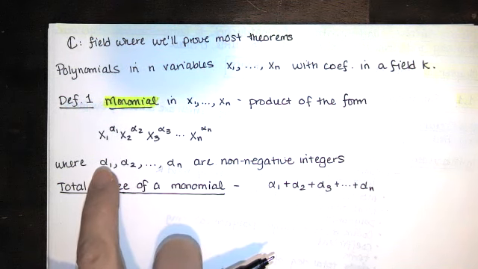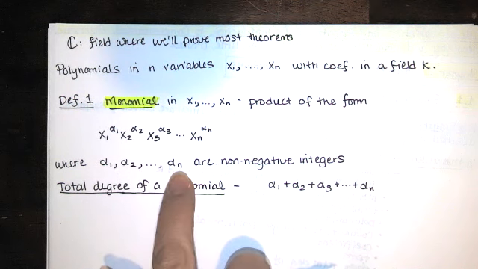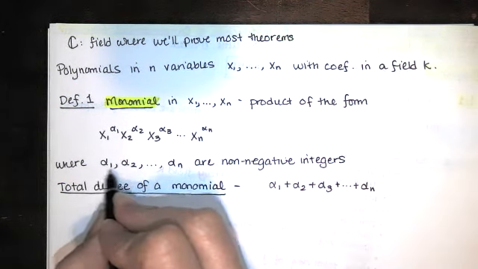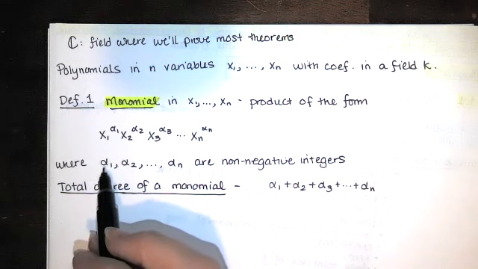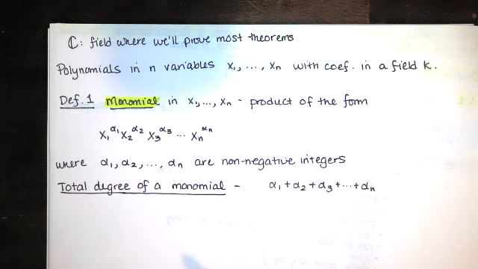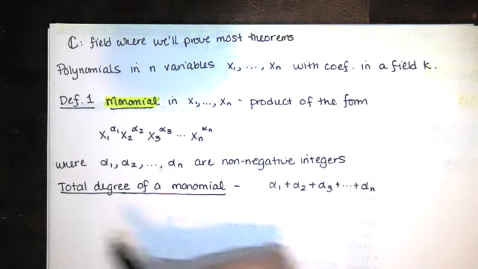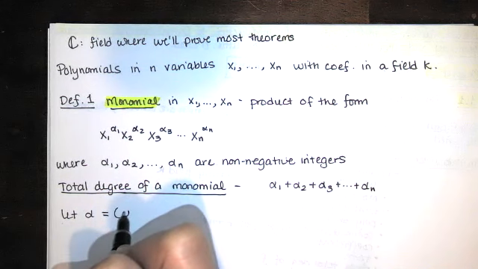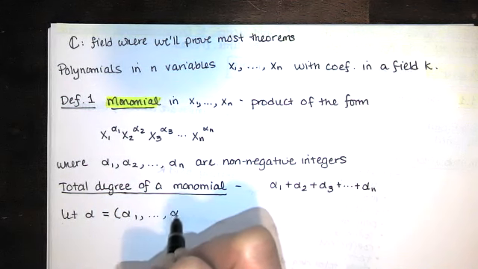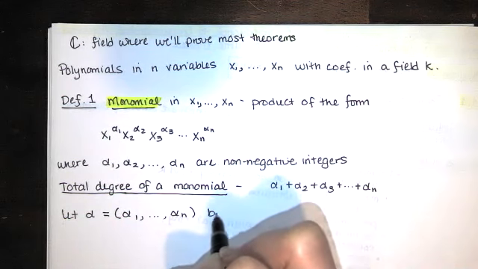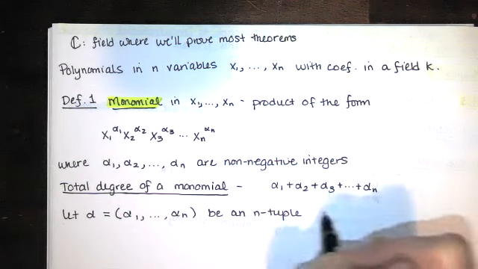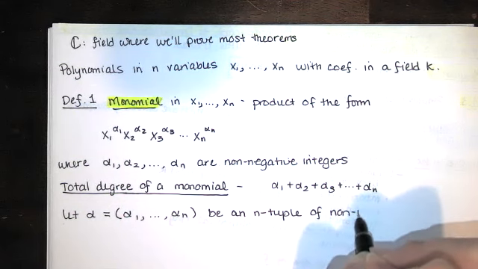Rather than thinking of this as n non-negative integers, not necessarily distinct, we're going to denote this n-tuple in a certain way. So let alpha be this ordered n-tuple of non-negative integers.